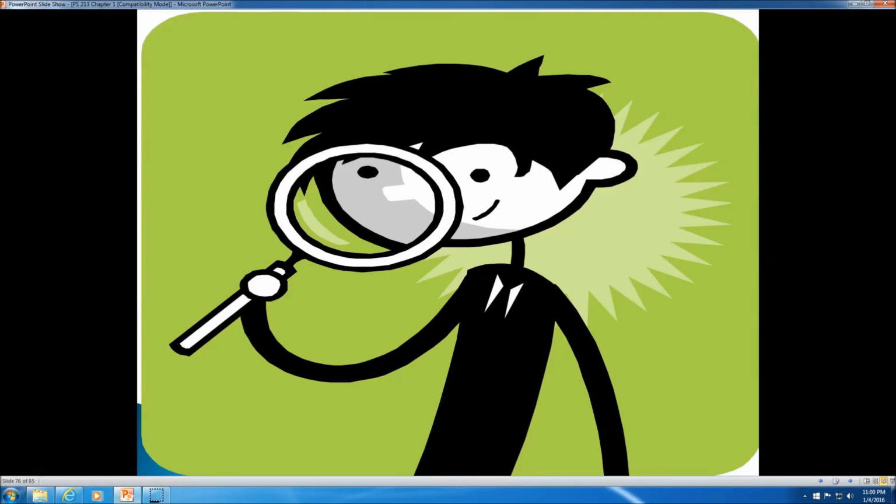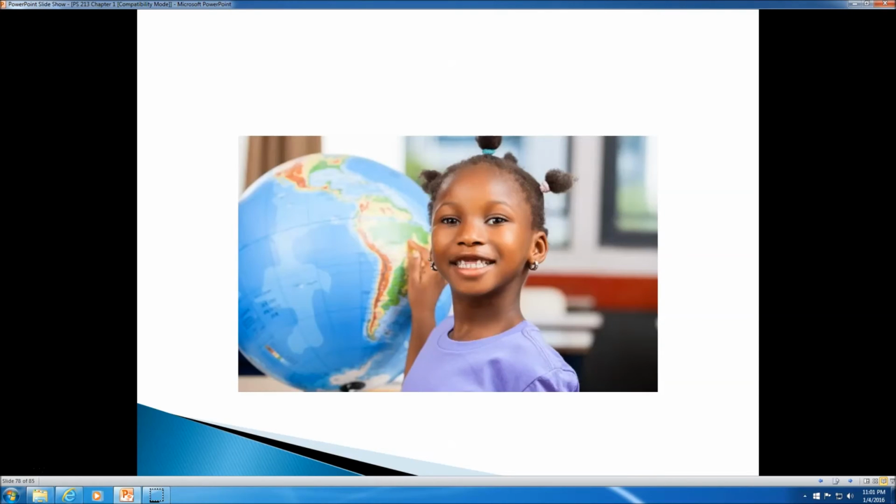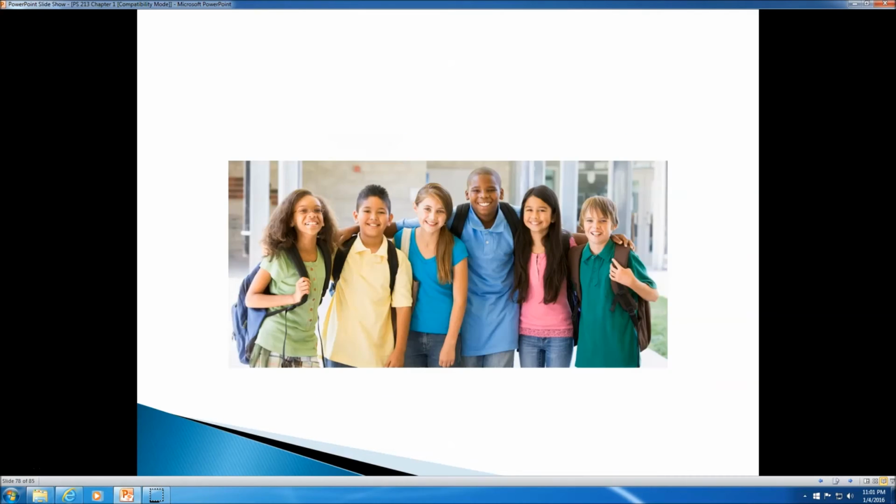One popular design for research is the correlational method. In the correlational method, we look for a relationship between two variables. For example, suppose we want to investigate, do smarter children have more friends? We would obtain measures of these two variables on each child, their intelligence and how many friends they have.